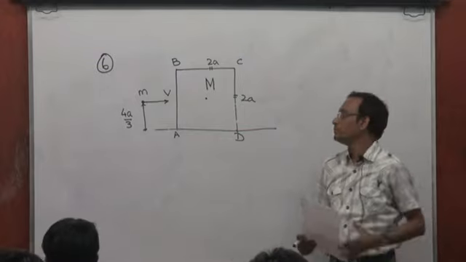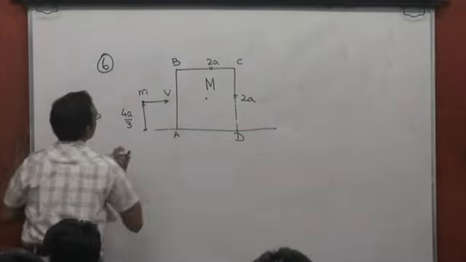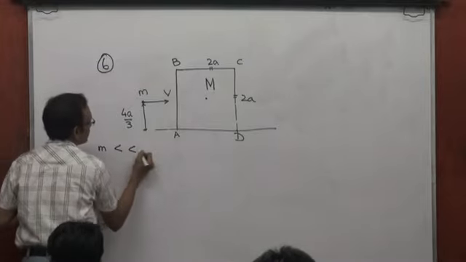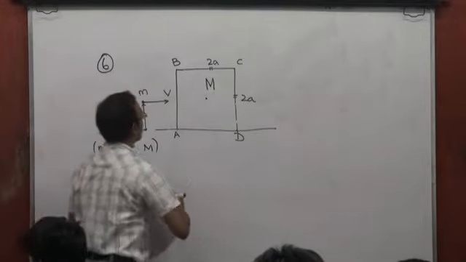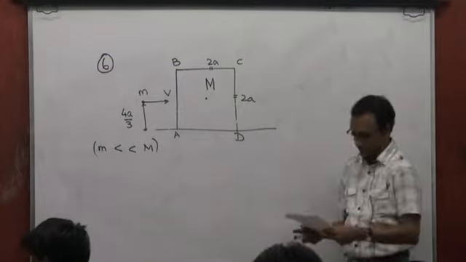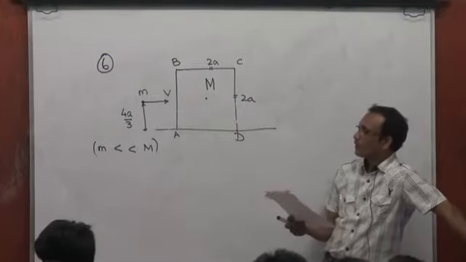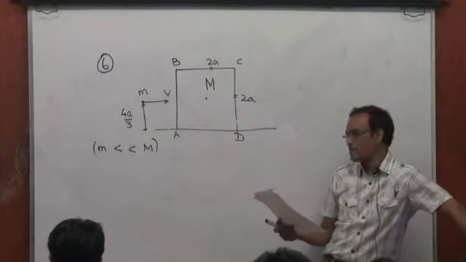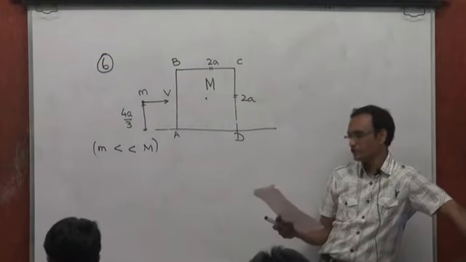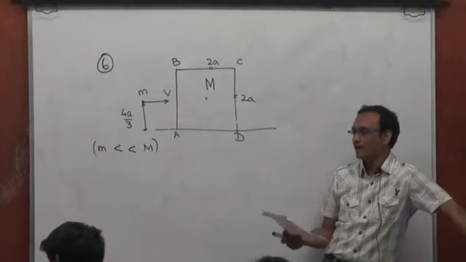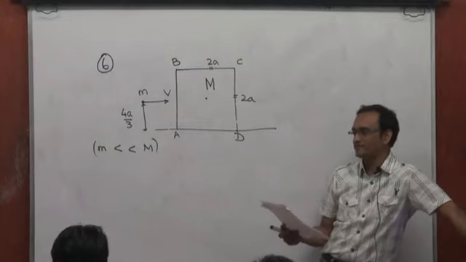Assume small m is much smaller than capital M. And also small m gets embedded into capital M after the impact.